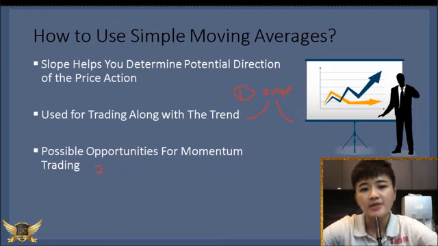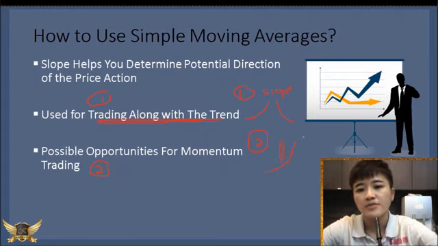But of course, this is the second criteria that you need to make sure, because the first thing you need to make sure is that you are trading along with the trend. So aside from the slope that you need to make sure is moving upwards for a bullish market, and a bearish market has to be sloping downwards, the second criteria is to ensure that your price for a bullish market is above the moving average.